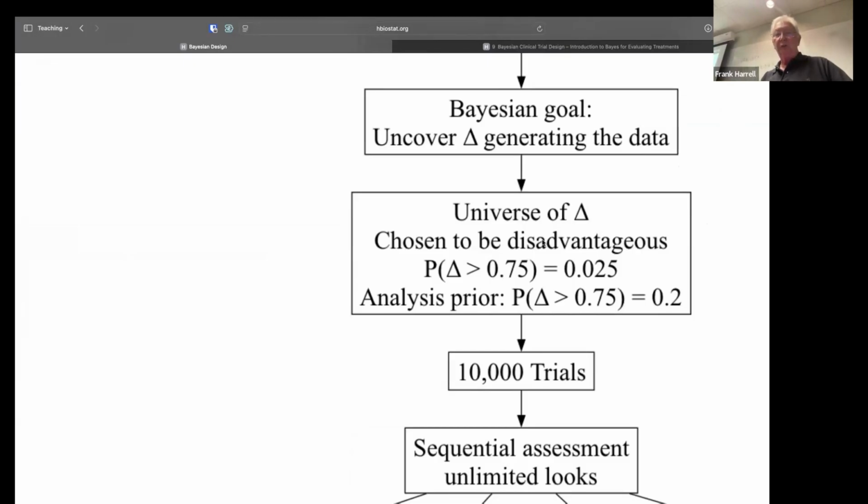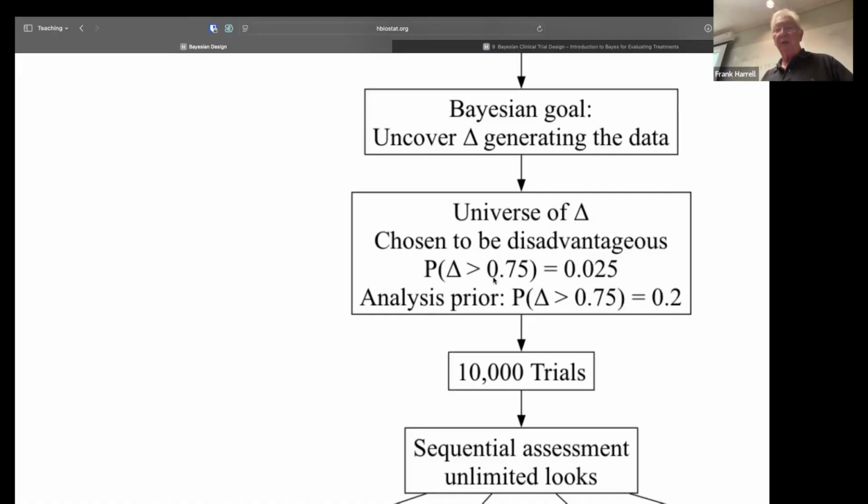And so this universe was chosen to be disadvantageous to the Bayesian procedure that I'm using. So how does that play out? I'm using a normal distribution for delta, the prior distribution, and the way the deltas are generated is such that the probability of a really big treatment effect is very small.